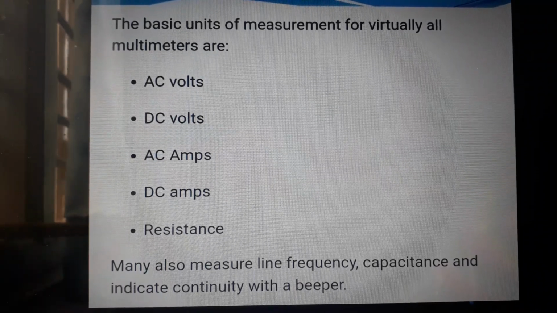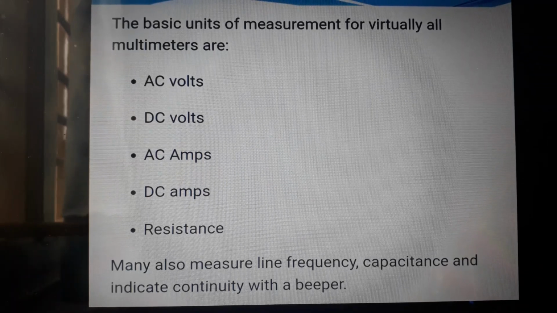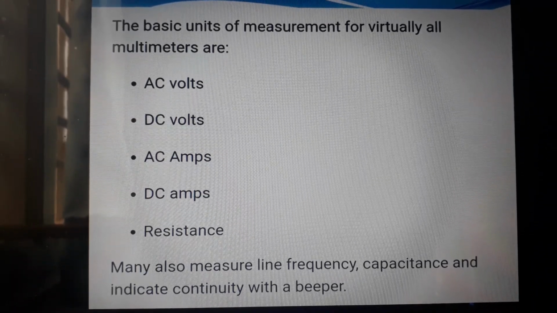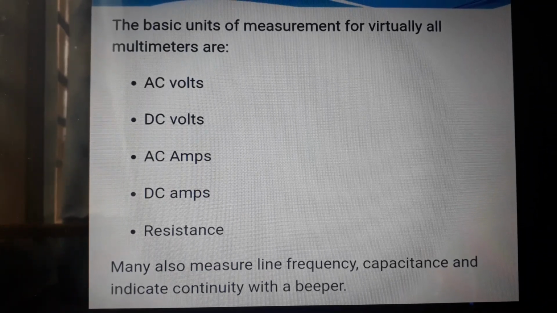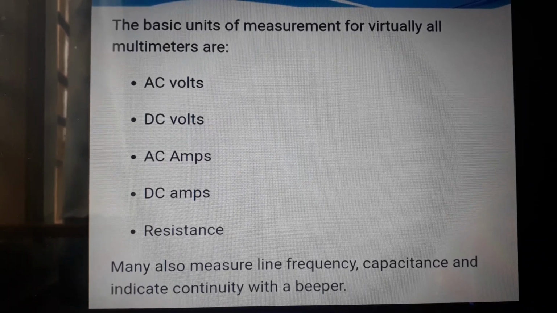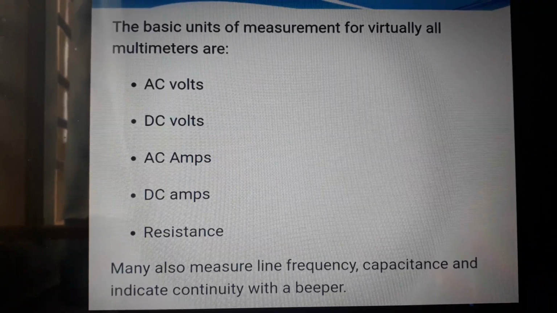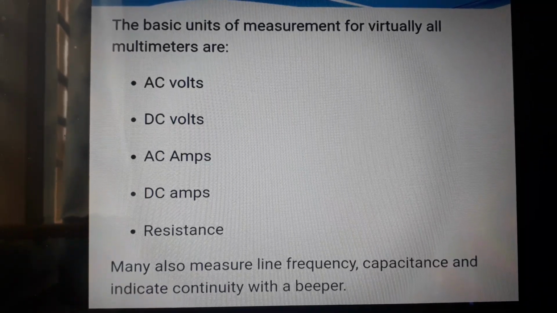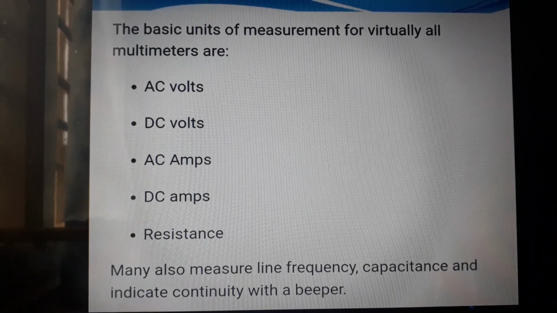Which are the quantities that multimeters measure? It measures AC voltages and DC volts, when it acts as a voltmeter. It can also be used as an ammeter, measuring both AC amps and DC amps. It can also measure resistances, acting as an ohm meter.